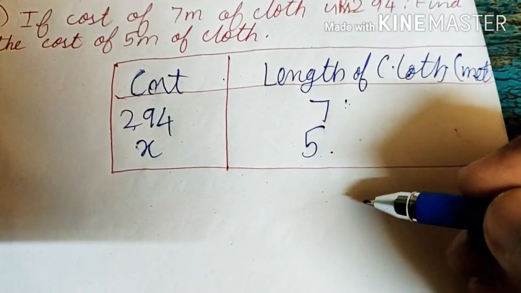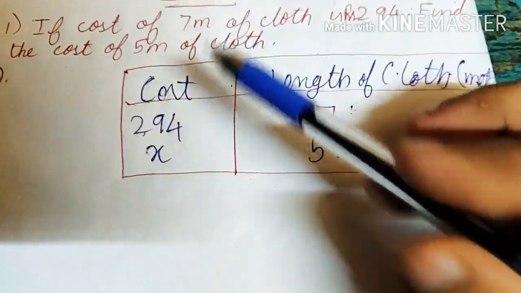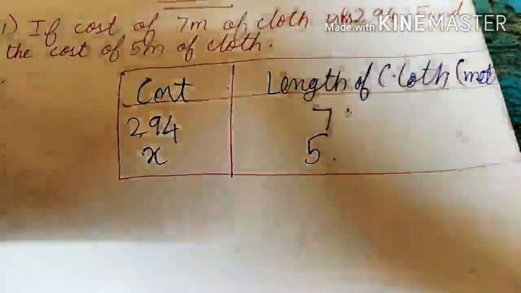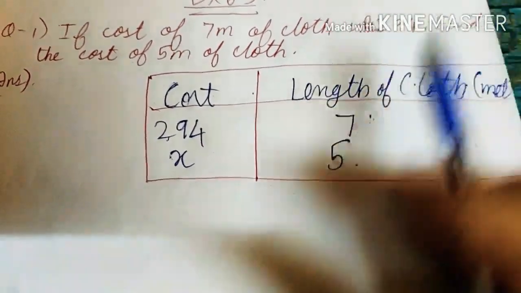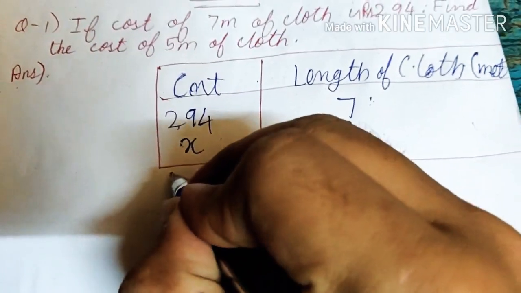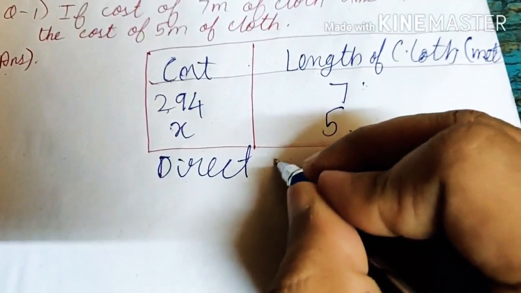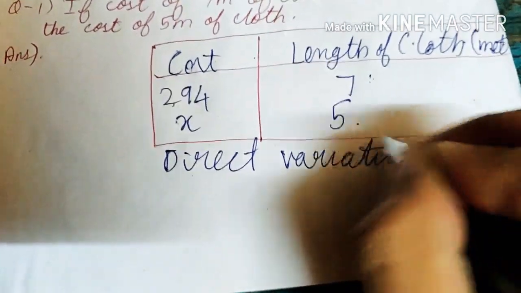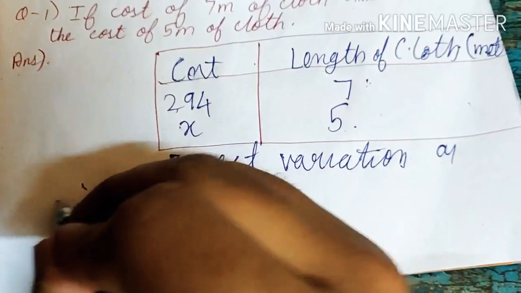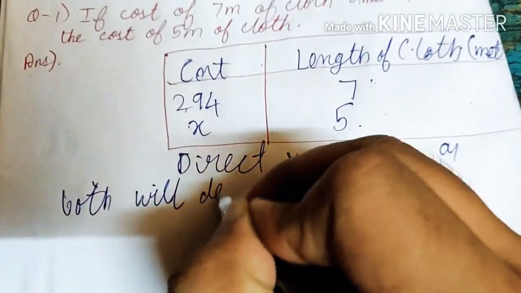As the length of cloth is decreased from 2 to 1, the cost has decreased from 50 to 25. Length and cost both have decreased. So in this question it is the same thing, it is direct variation, as both will decrease.